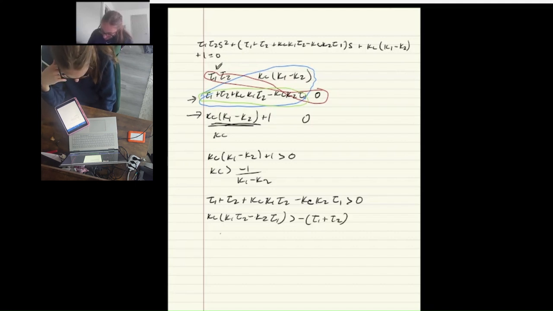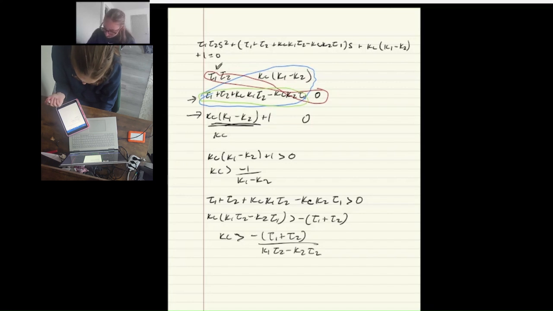So we have Kc is greater than 1 plus tau 1 plus tau 2 over K1 tau 2 minus K2 tau 2.